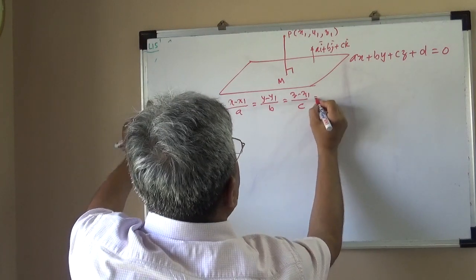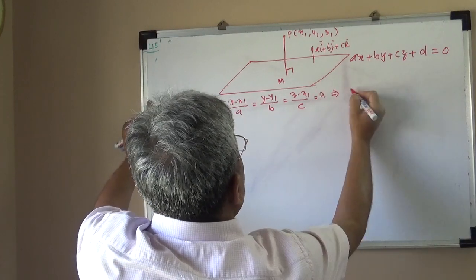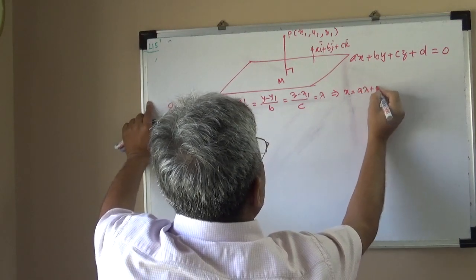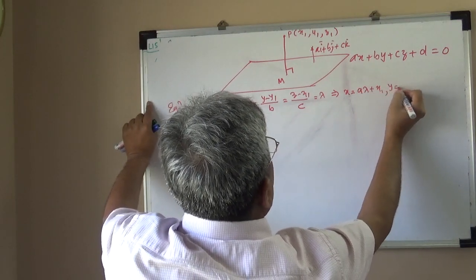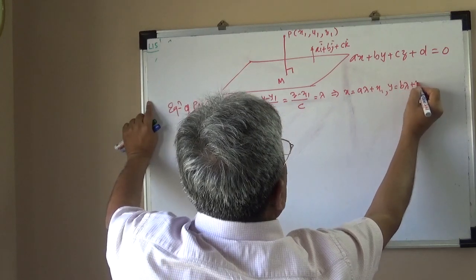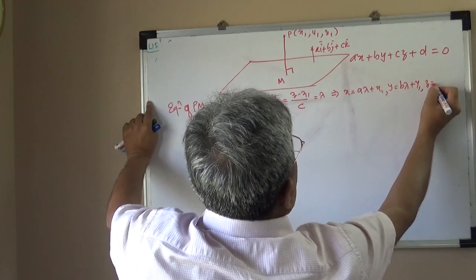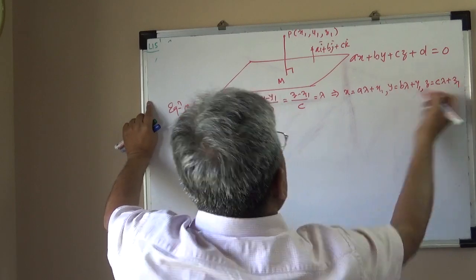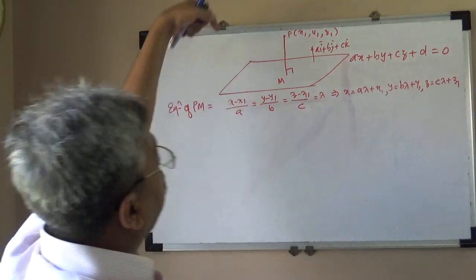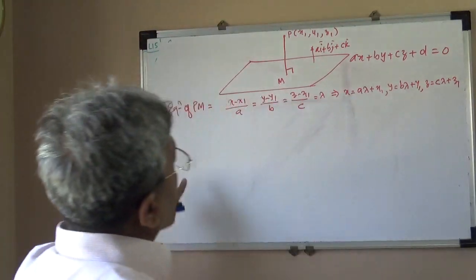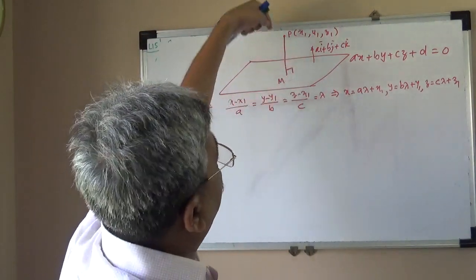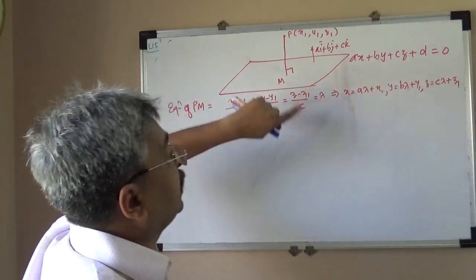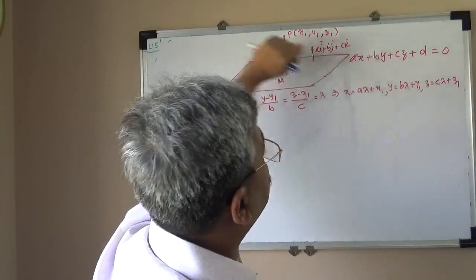So any point is given by x equals A lambda plus x1, y equals B lambda plus y1, and z equals C lambda plus z1. Any point on the line PM will look like this. Now M is a point on line PM as well as a point in this plane, therefore M must satisfy the plane equation.